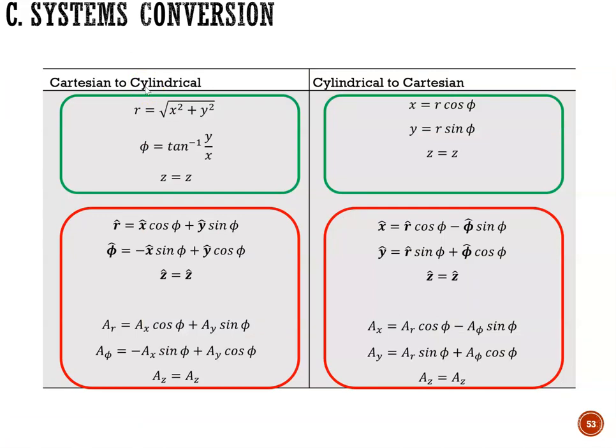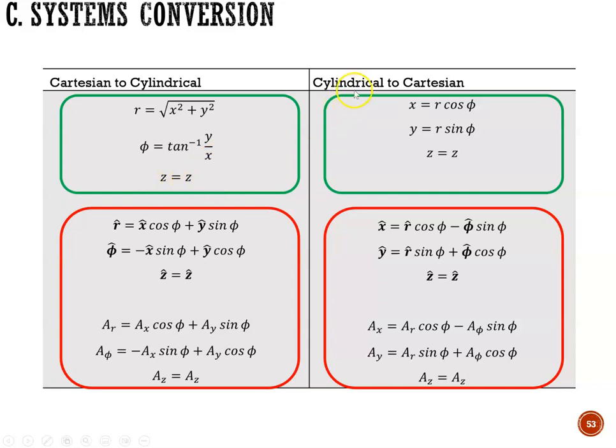So remember again, if you want to change the coordinates, you use the one in green boxes. If you want to change Cartesian to cylindrical, r would be equal to the square root of x squared plus y squared, and then phi is equal to the inverse tan of y over x, and z would remain the same.